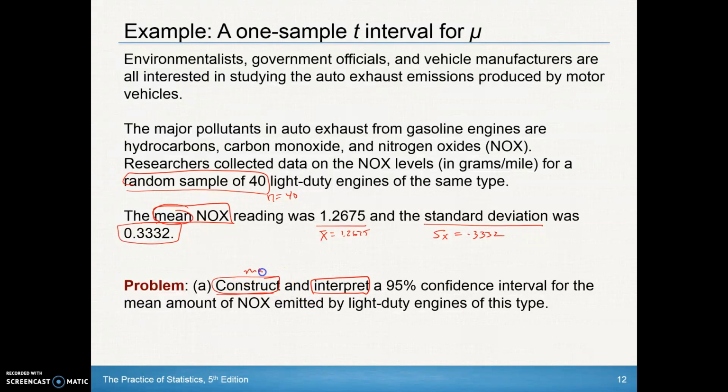Again, this is the math that's behind it, and this is the conclusion. I'm going to construct and interpret a 95% confidence interval for the mean amount of NOx emitted by light-duty engines of this type. So again, 95% confidence. We're going to remember that as we use Table B in calculating our critical value.